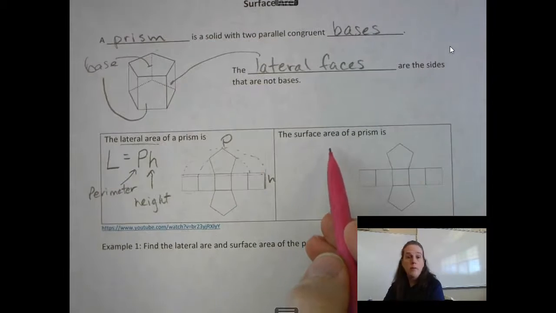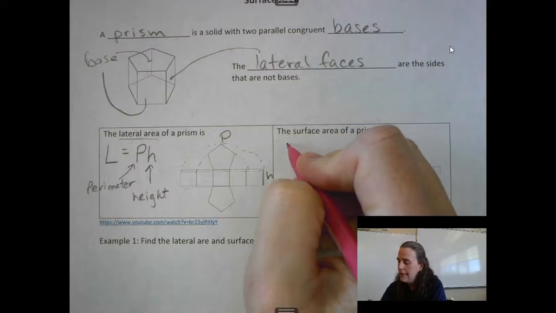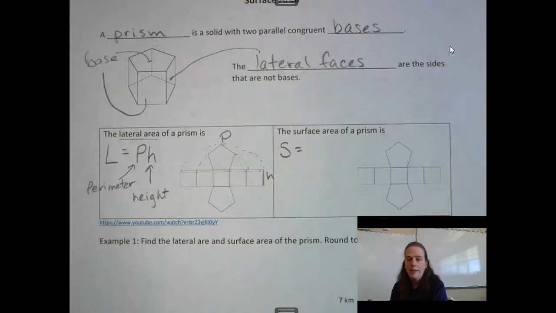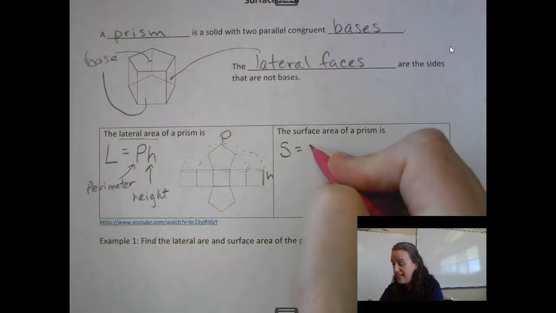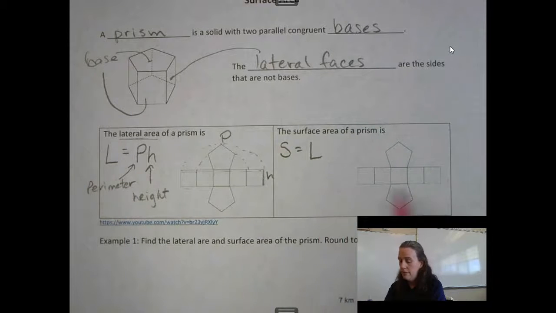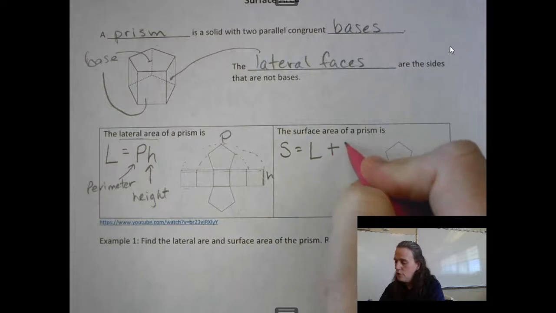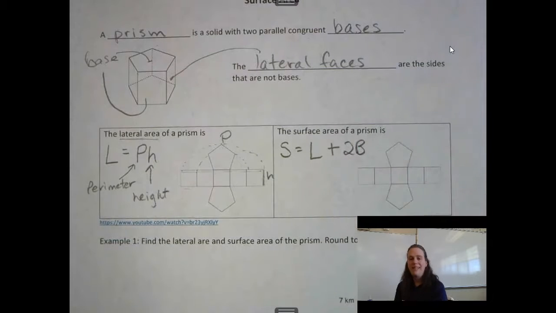Then we go on and say, okay, well, we want the surface area. We want to have all the outside of our prism. So they use a capital S for that. What we would do first is take that lateral area, so you've got the whole rectangle, and then add to that 2 of the bases.